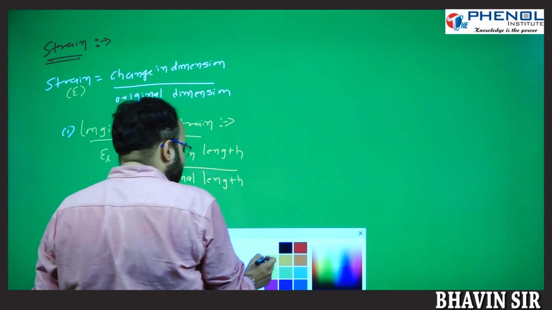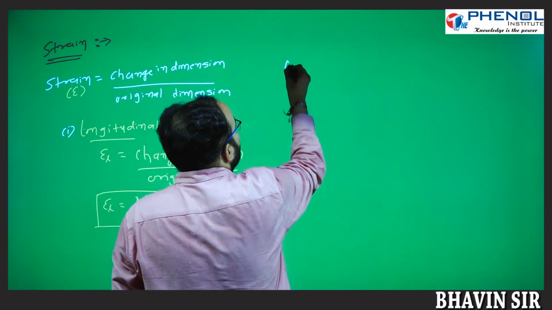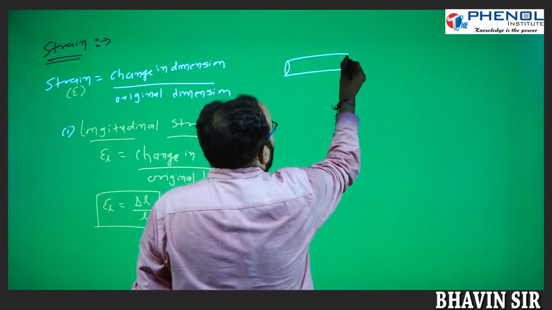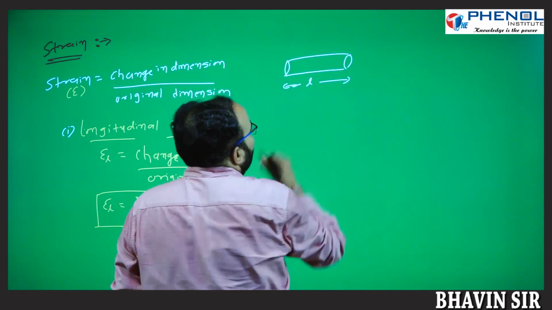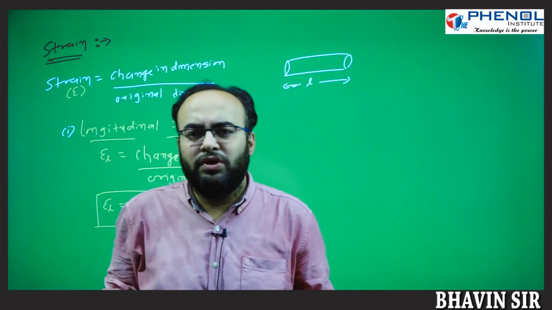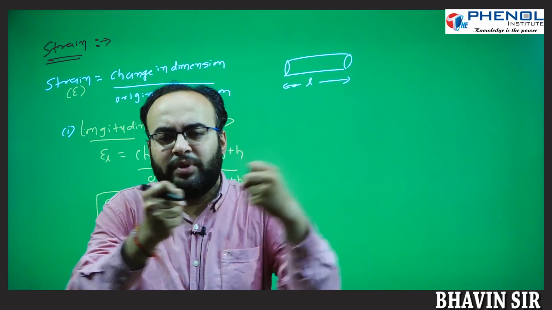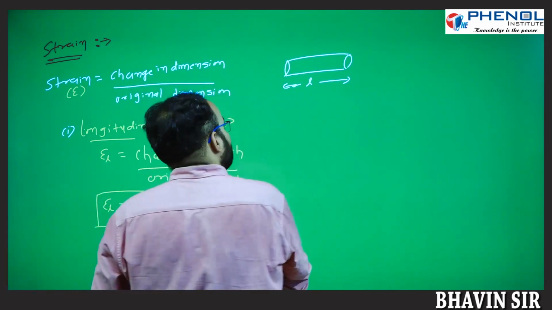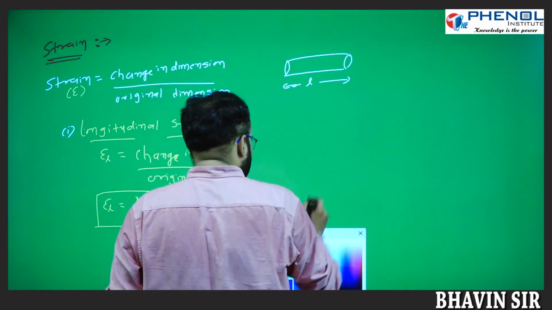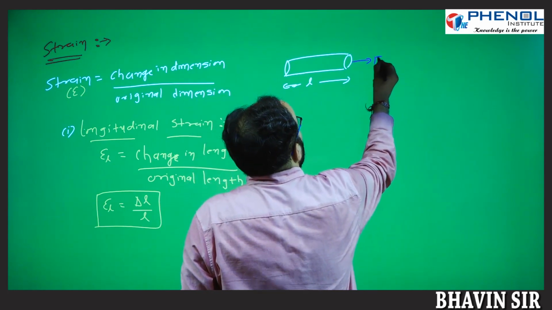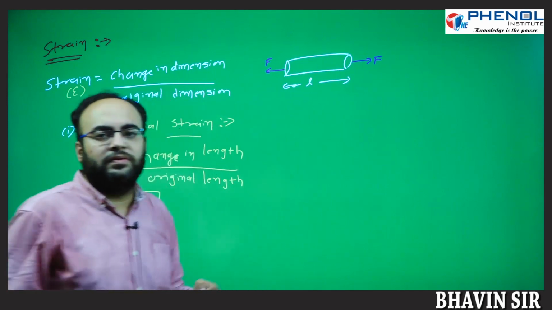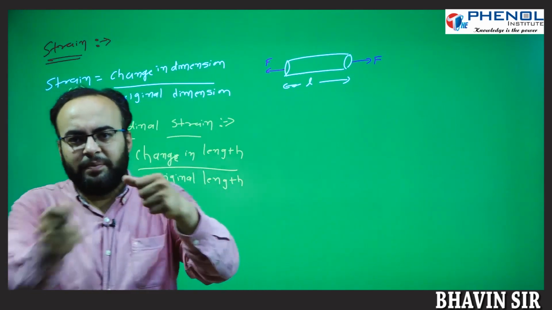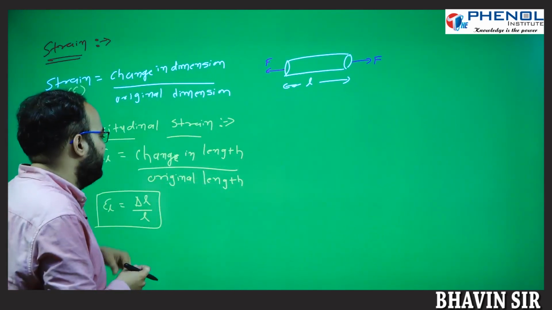Now see here which type of force is applied. Suppose this is a cylindrical wire. What is its original length? L. Now students, if we want to increase the length, then we apply perpendicular force.